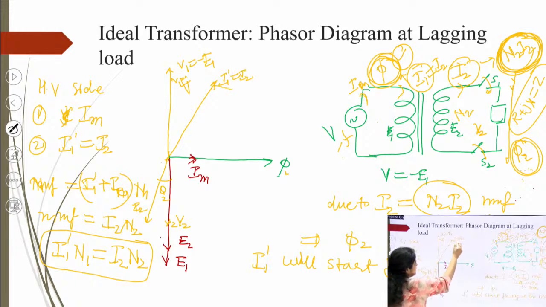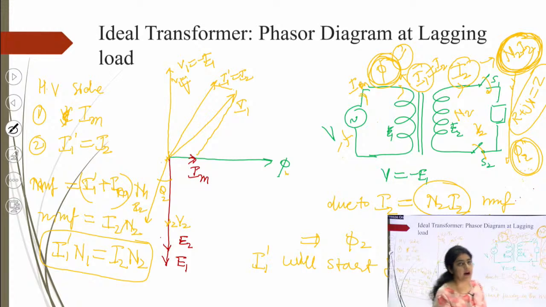So if you add both the phasors, the I1 dash and IM, you will get the total current, that is I1. So this is I1, which is the current flowing in the primary side, which is the phasor sum of the magnetizing current as well as the load component. This is also called the load component, right. So this is how we can draw the phasor diagram of ideal transformer at lagging load.